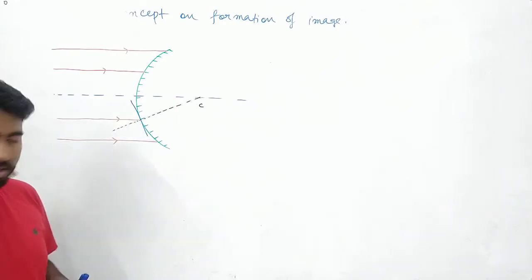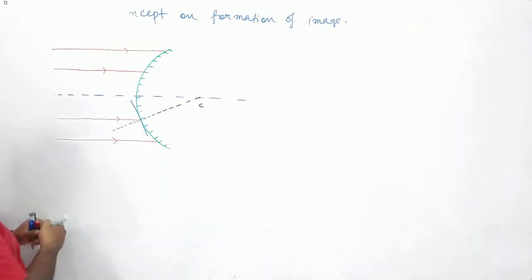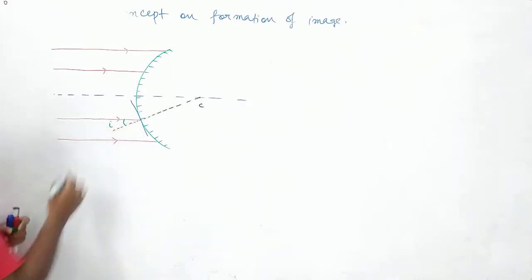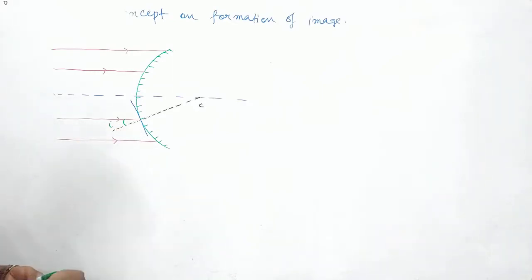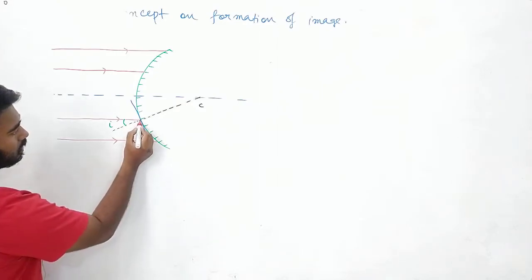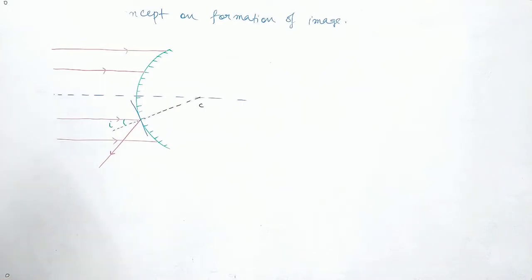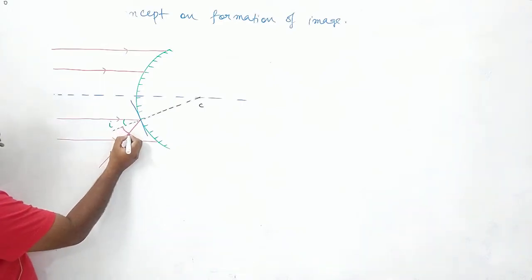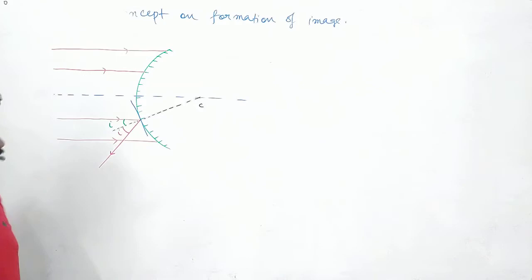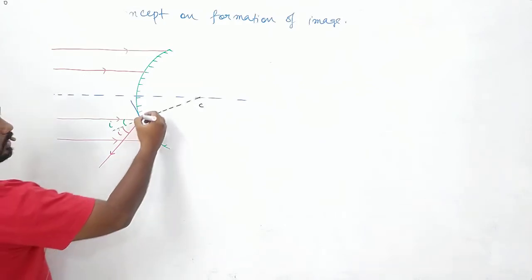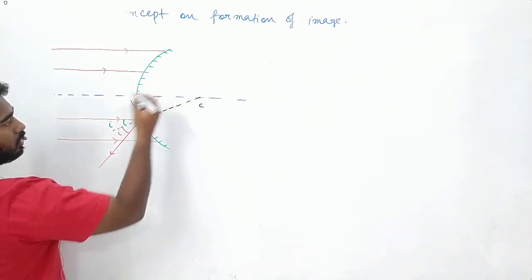Okay, if I extend that, will this be our angle of incidence? Then this must reflect back, making the same angle, right? Is it right? Okay, now if I extend this one, will it reach here?